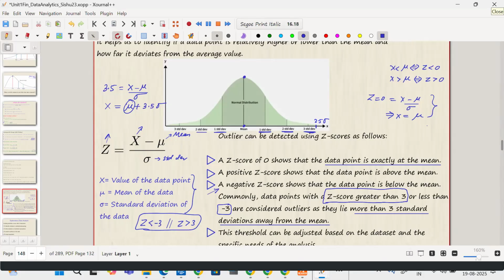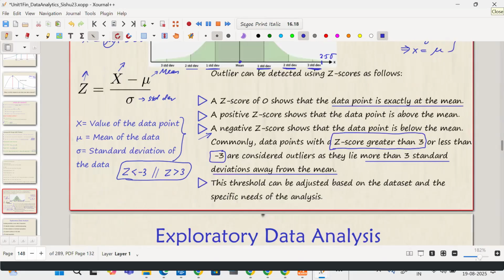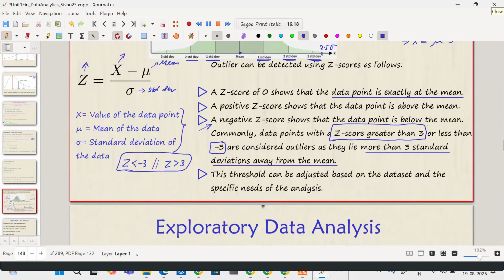Is it okay? So this threshold you can actually adjust. In the Python code I will show you right now, a z score greater than 3 did not work. It was not sufficient to get the outlier. In those cases, you can relax the tolerance a bit. That means you might drop z greater than 3 to 2.5.